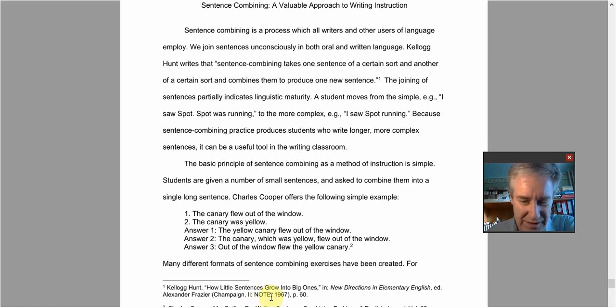That's my guess what that stands for. And then a comma. Then the year published, 1967. And then P60. So that's the footnote for this citation. I hope that makes sense for you.